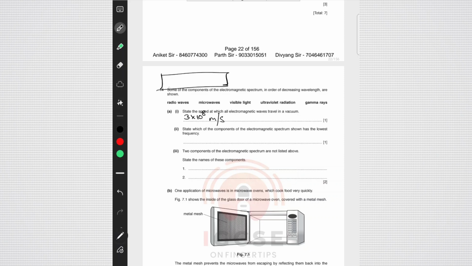So if you remember your EM spectrum, you can just easily fill that out. I think it should be gamma rays, right? Then two components of the electromagnetic spectrum are not listed above. State their names. So infrared is not listed and X-rays is not listed.